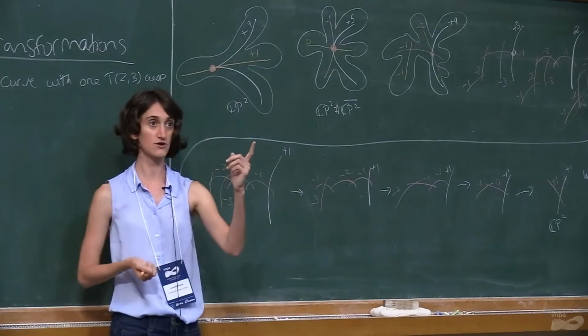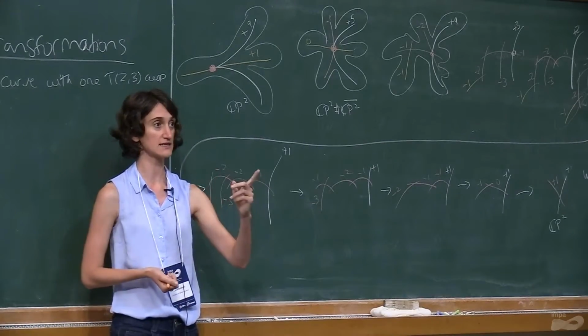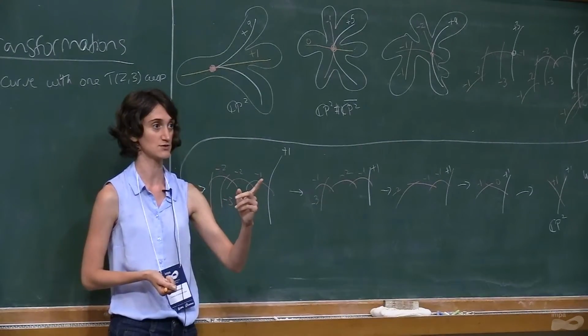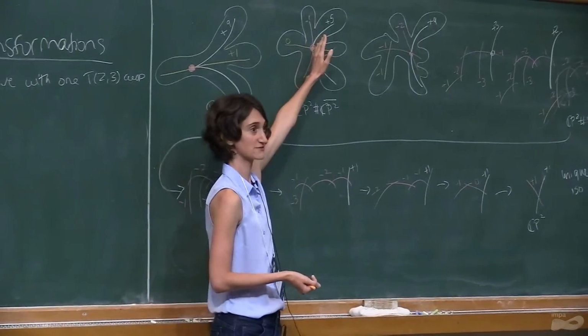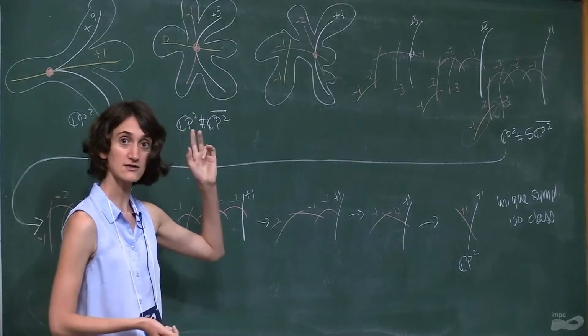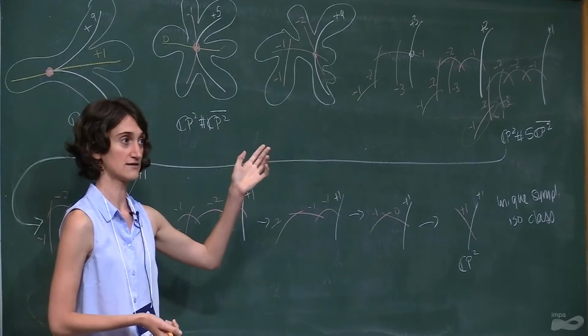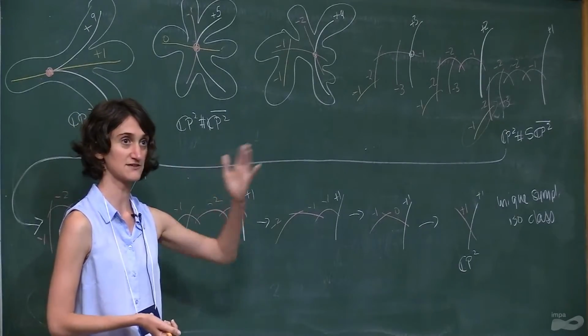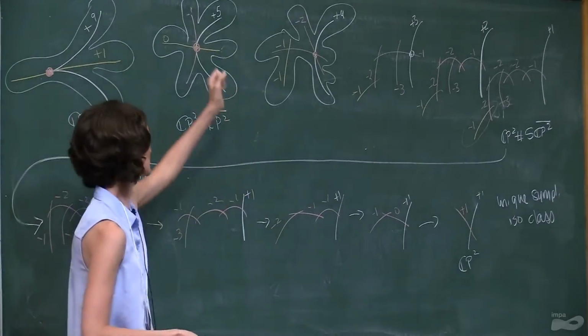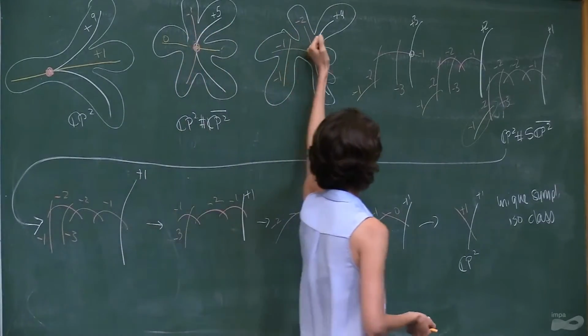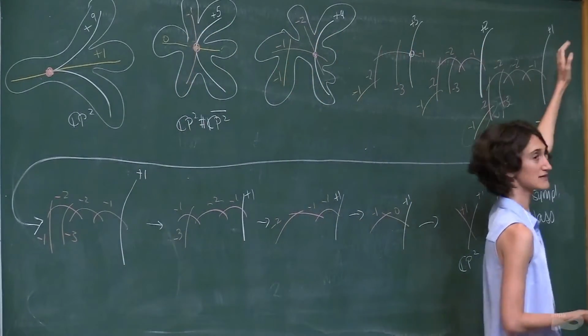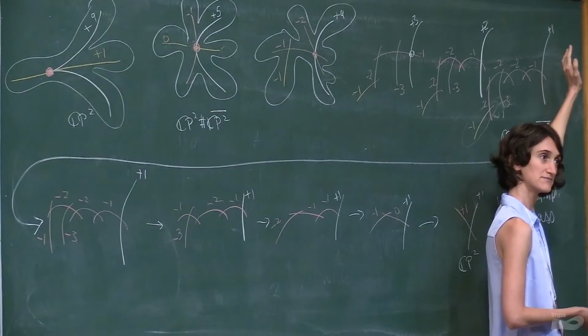The first goal of blowing up should be to make this curve not singular, to make it smooth. So that was accomplished at the first step. The second goal is to make it look like a line. And a line has self-intersection number +1. So we just keep blowing up more and more times until it becomes self-intersection number +1.